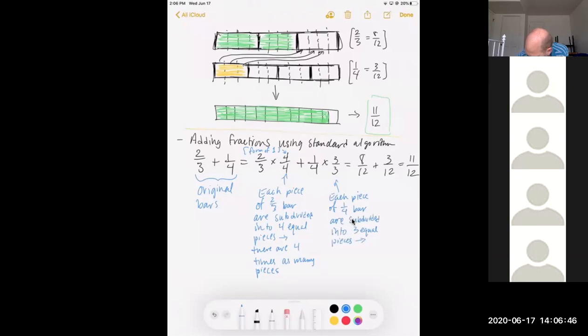Okay. And there's 3 times as many in each bar, or in each part of the bar. When I add the 8/12 and 3/12, we note that both bars now have the same size pieces.